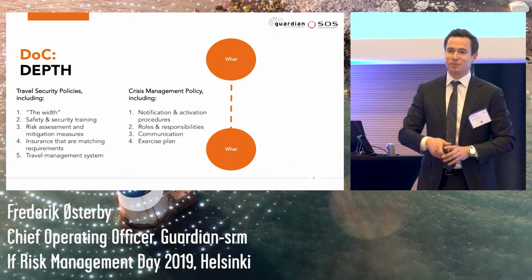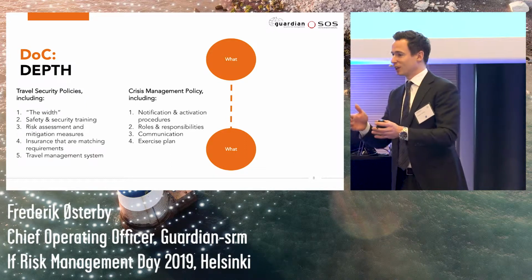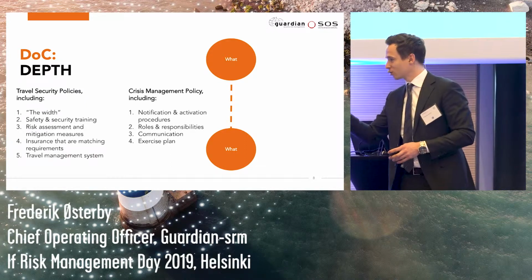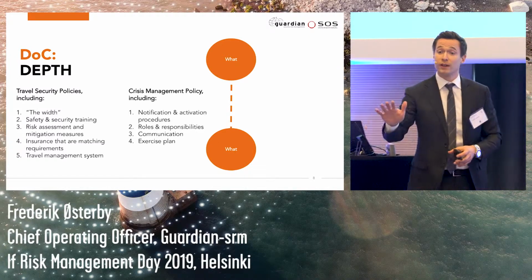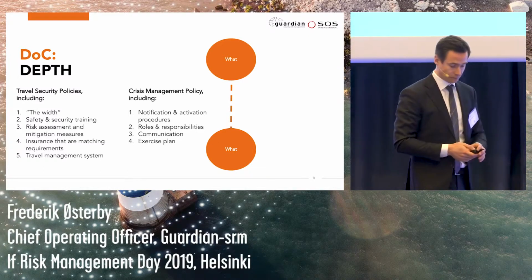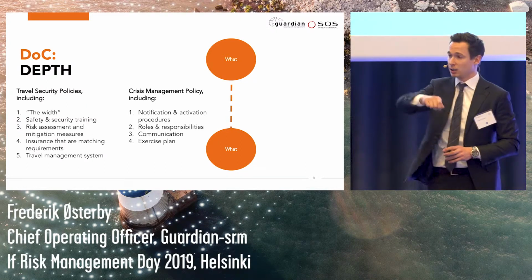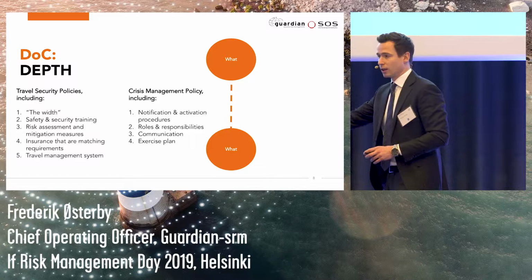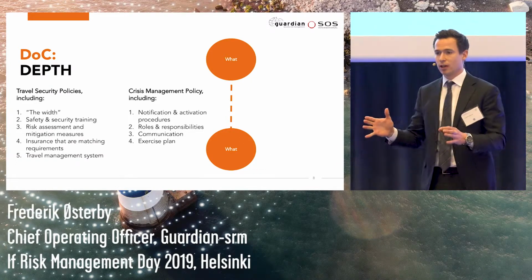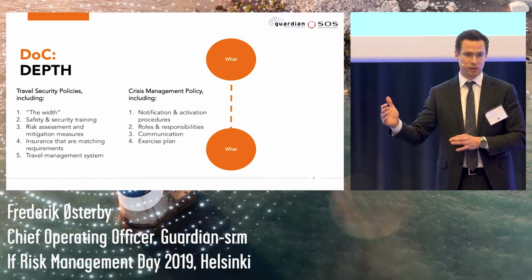So when you do the assessment, you should of course also be willing to take the steps needed in order to reduce the vulnerability of the traveler. So you need the capacity to give these assessments, and you can buy this externally or you can have it internally in your own company. That doesn't really matter. You just need to supply the travelers with that.